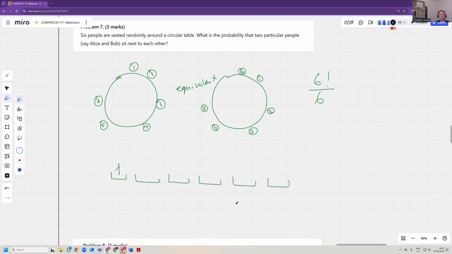So we can just fix the position of the first person. There's one choice for the first person, 5 choices for the second, 4 for the third, 3, 2, 1. Multiplied together, you get 5 factorial. Also, 6 factorial divided by 6 is 5 factorial. So either way, you get the same result.